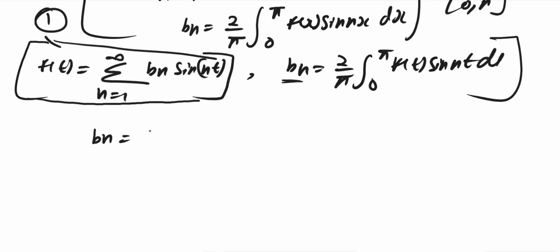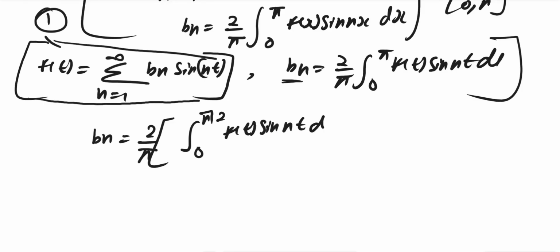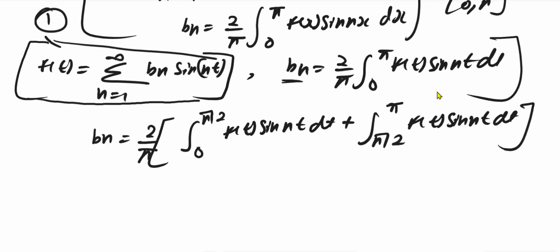So, bn is equal to 2 upon pi, integration 0 to pi by 2 f of t sine nt dt plus integration pi by 2 to pi f of t sine nt dt. Since the function given to us is defined in 2 intervals, we have to break the integration.